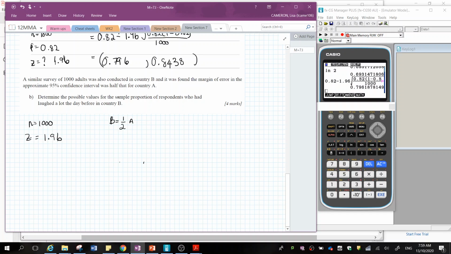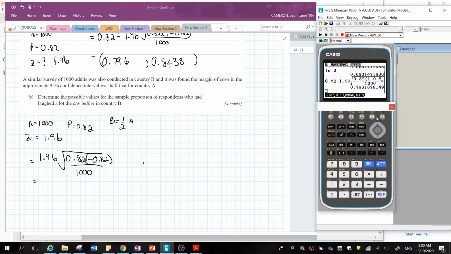So here, we've got 1.96 square root of 0.82 times 1 minus 0.82, close bracket, all over, and we put 1,000 people again. We're still saying P is equal to 0.82 again, because we're saying they're roughly the same.